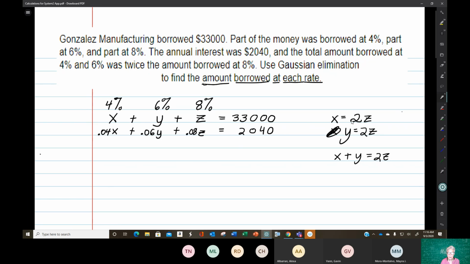So if x equals 2z, we would have x equals 2z, but we would have to pull this over here.